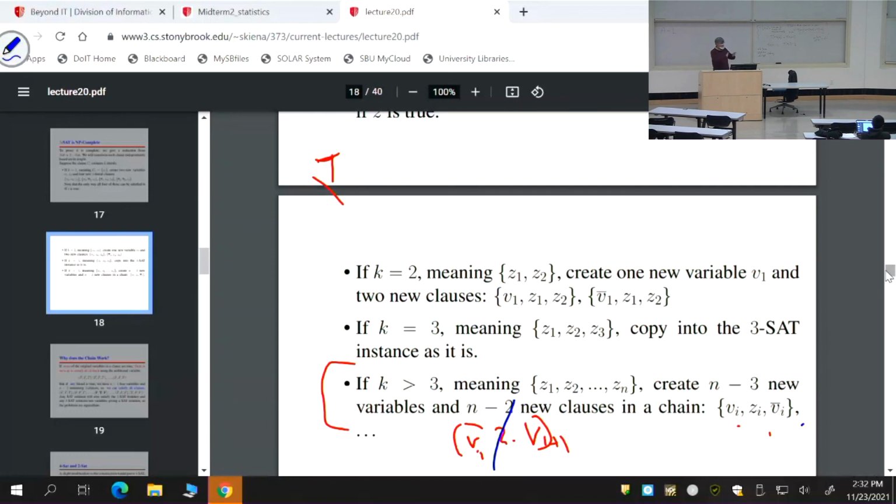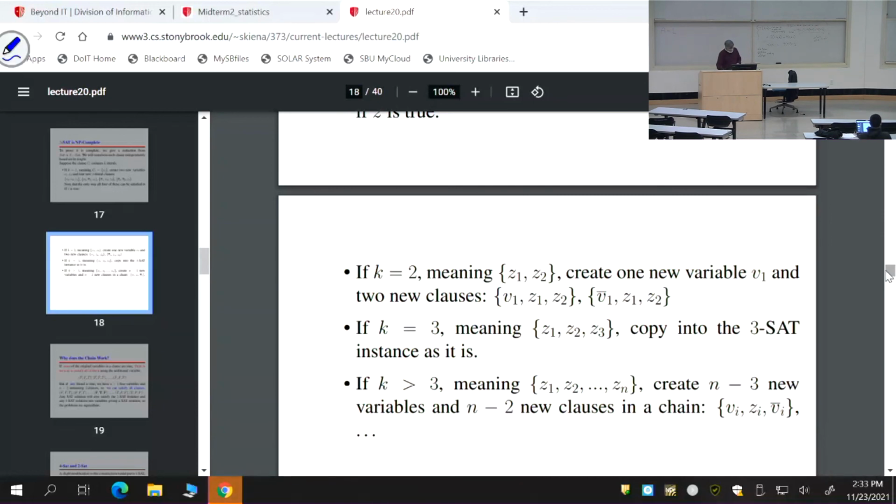It requires more cleverness than I want to talk about here. 1-SAT is easy, 2-SAT is easy, 3-SAT and beyond is hard.